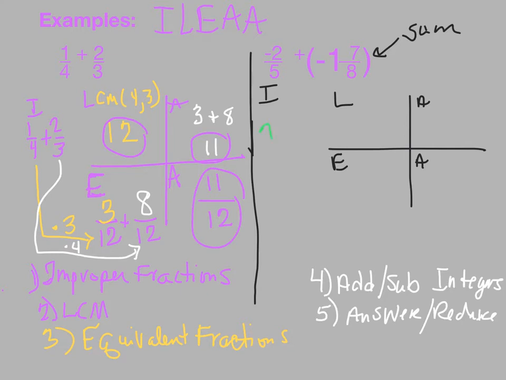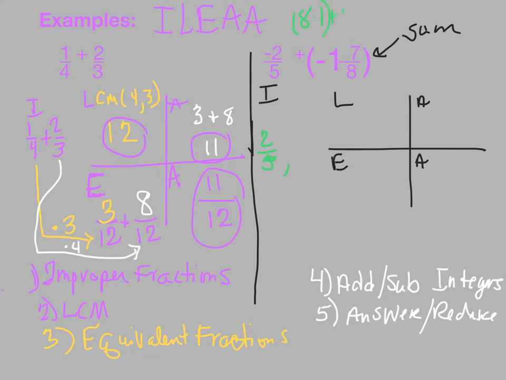Excuse me. I didn't like how that looked. Okay, so I'm going to have 2/5 and 1 7/8. I need to make that into an improper fraction. I've got 8 times 1 first.